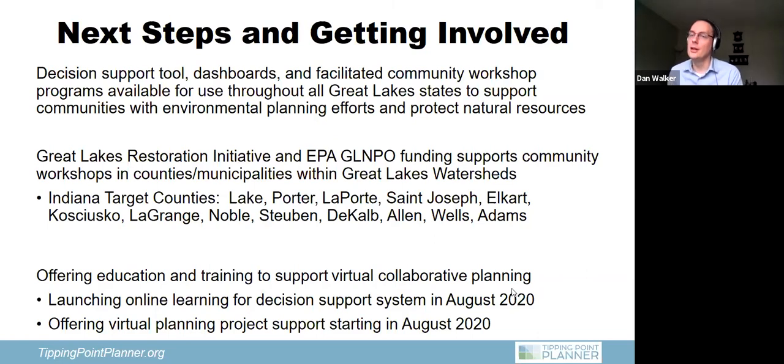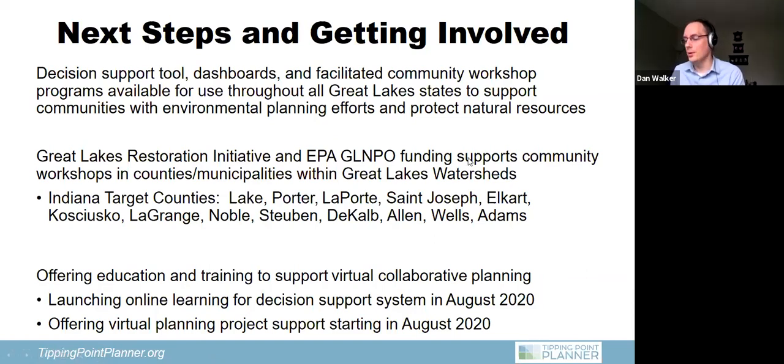And then finally, our plans for the rest of the year, up to August, are to develop an online tool for, number one, teaching about the decision support system and the information inside. Number two, how to use it. And number three, how to do the facilitation side of the in-person workshop.